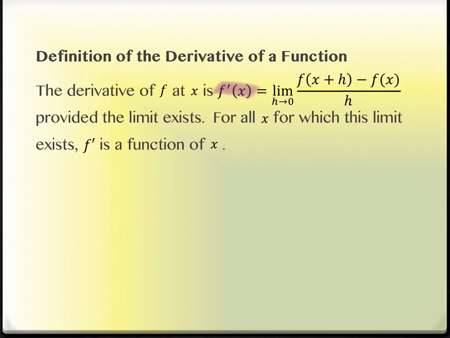There's a couple other notations we'll encounter later, but for now, that's enough. And you see the notation over here looking just like the other pieces with x's instead of c's. And also looking just like the version of the problem I just did. F of x plus h minus f of x over h. This works provided the limit exists, and for all x for which this limit exists, f prime is a function of x.